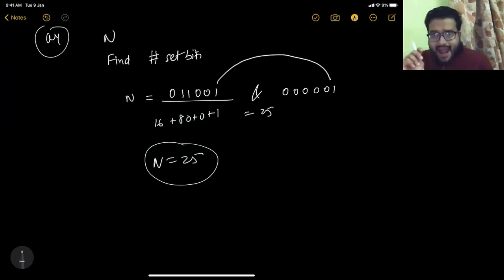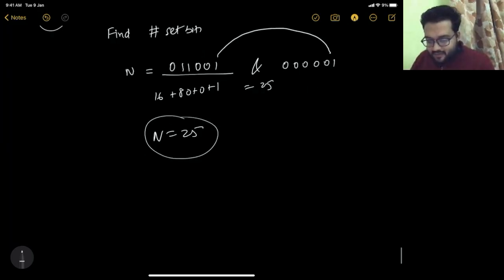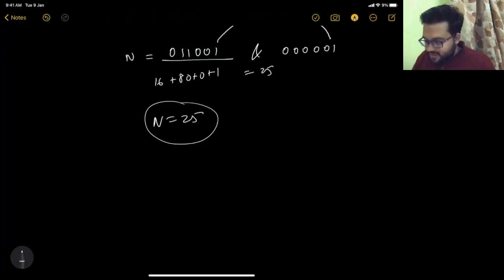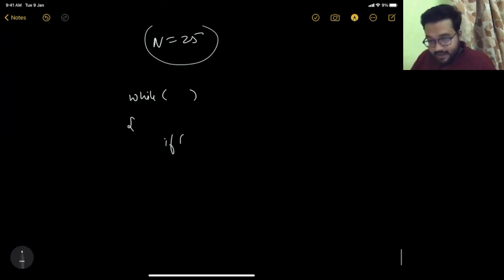So what will you do? You will just say while. I will fill in the condition of this while very soon. You will check if your n bitwise AND 1 is not equal to 0. It essentially means that your count should be incremented by 1 because you have found a set bit at the end, right?